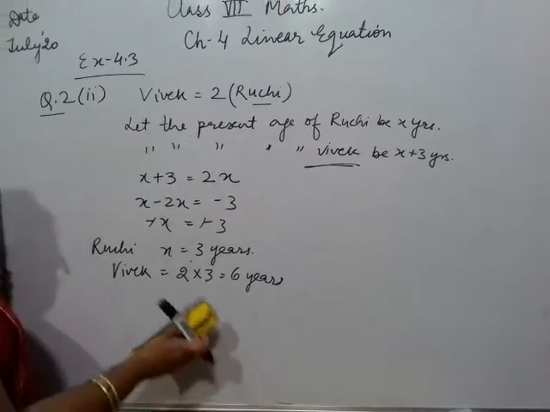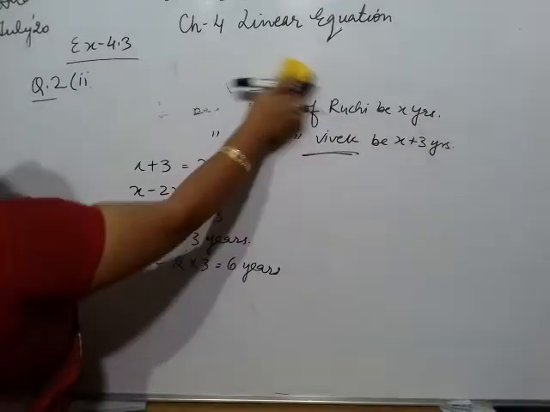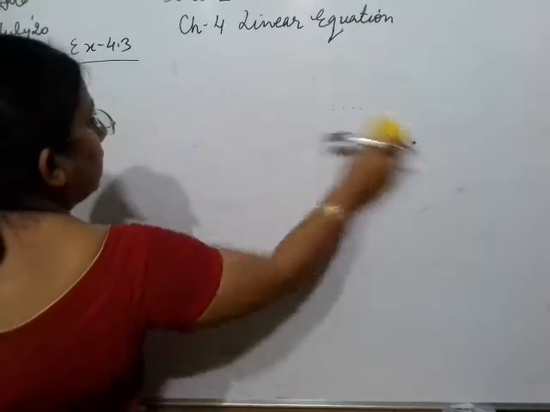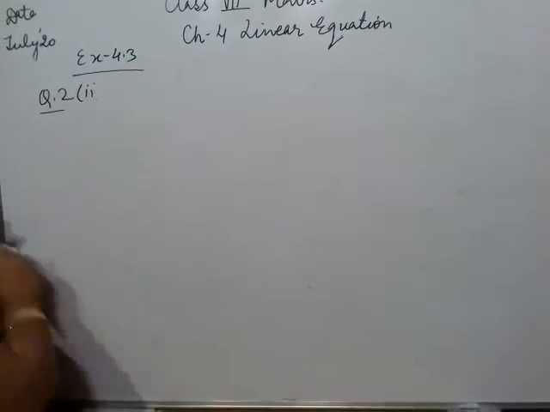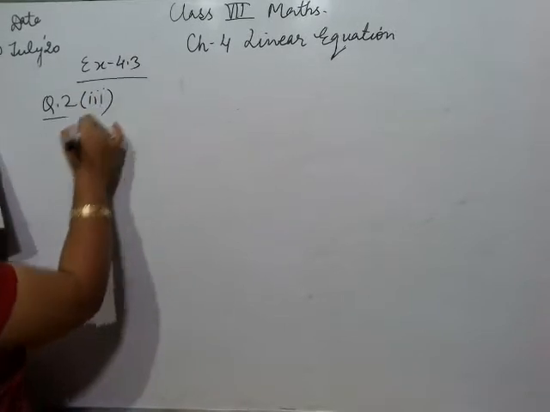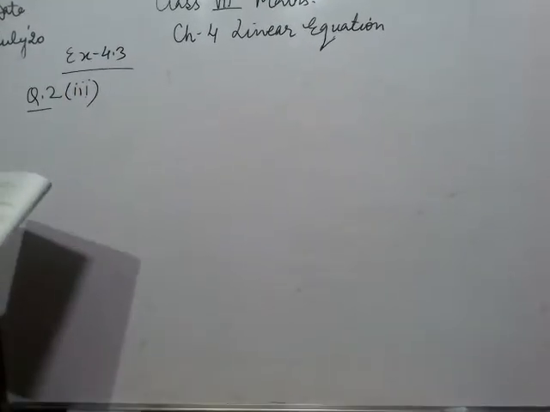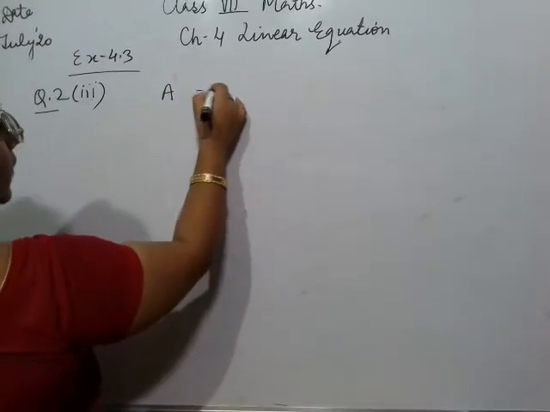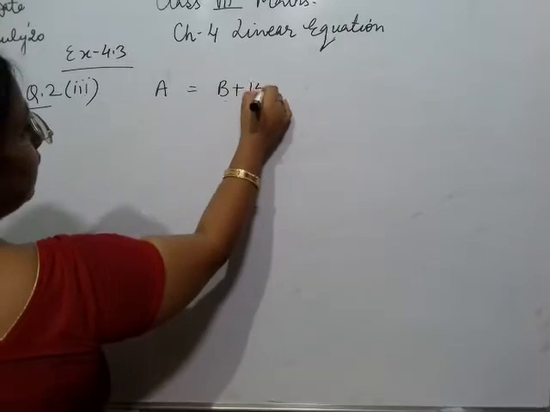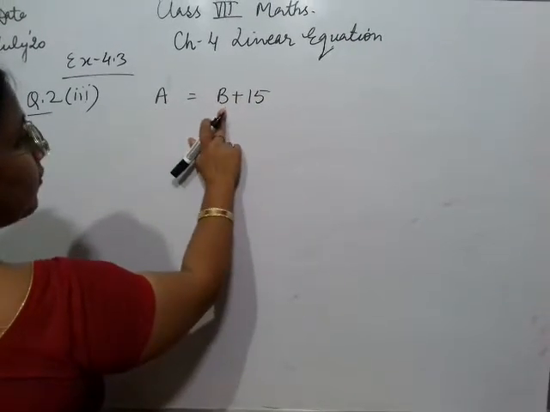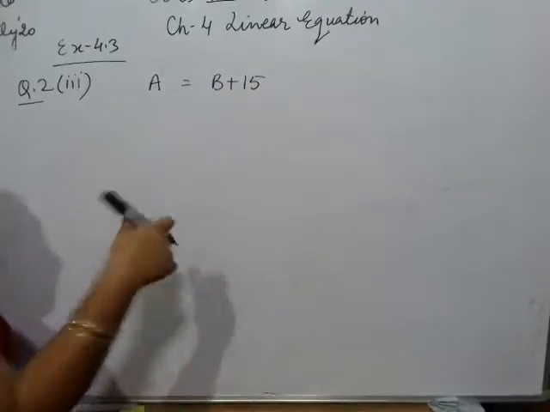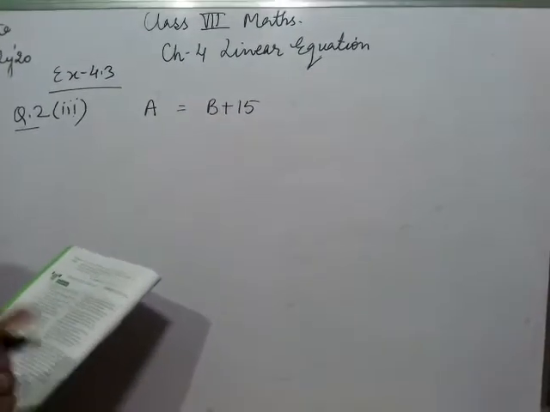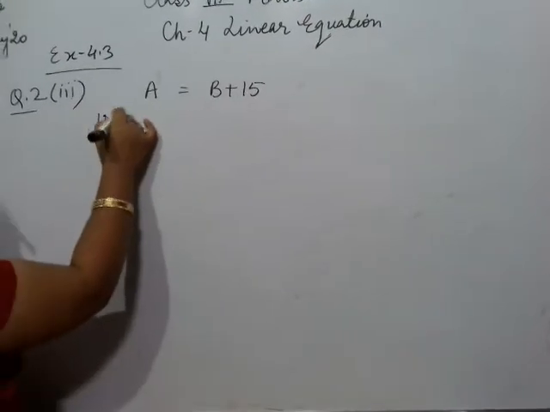Now the third part of the same question, which says that A is 15 years older than B. That means the age of A is 15 years more than B. Older means more. 10 years ago, A was 4 times B's age.